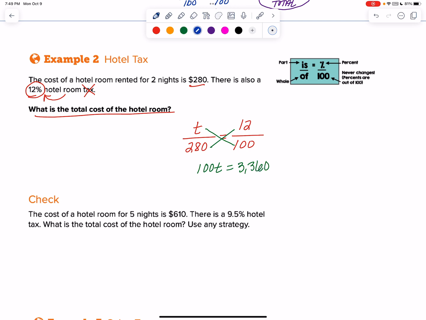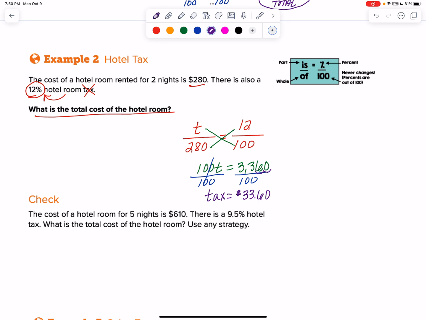All right, and then it says t times 100, so I'm going to divide 100 both sides, and we end up with the tax equals, swoop, swoop, because that's what dividing by 100 does. It's money, $33.60. So you don't even need your calculator for that part. It's pretty quick. All right, what's the total cost of the hotel room then?